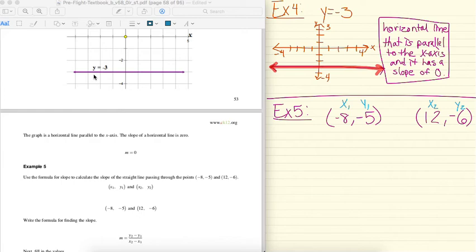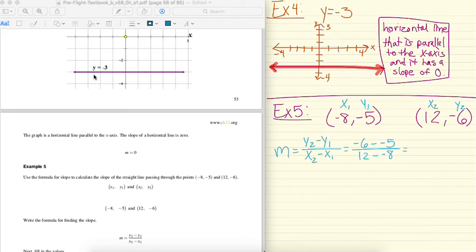It does create a nice visual for plugging things in though, because the formula says take your second y value, subtract from it the first y value, divided by your second x value minus the first x value. So that means I'm going to take -6 minus -5. Then I'm going to take 12 minus -8.